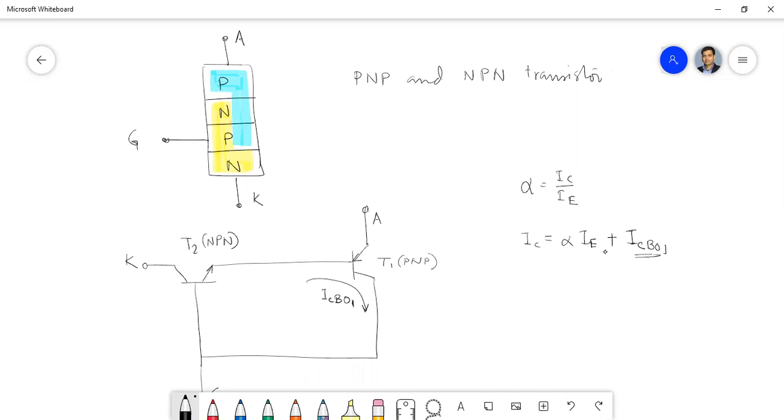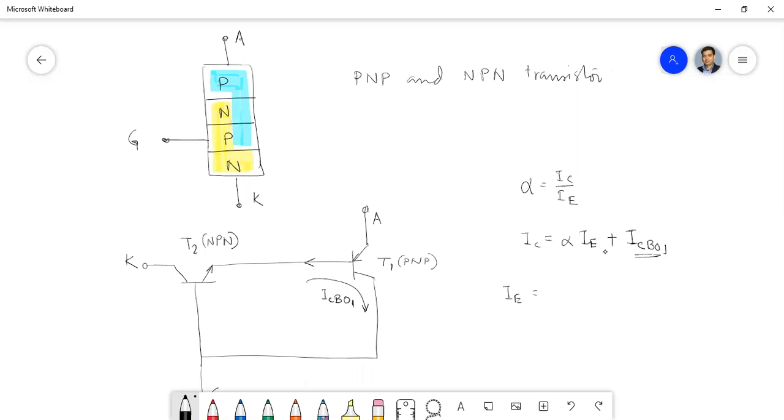I have used the 1 for transistor 1. This value is very small compared to the actual values of IC and IE.